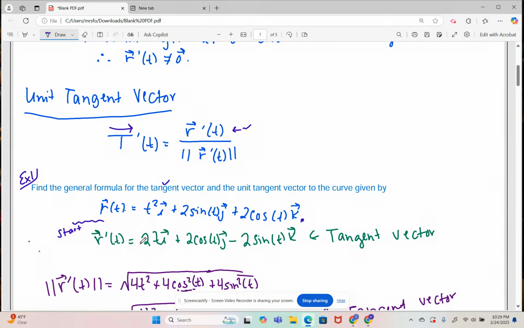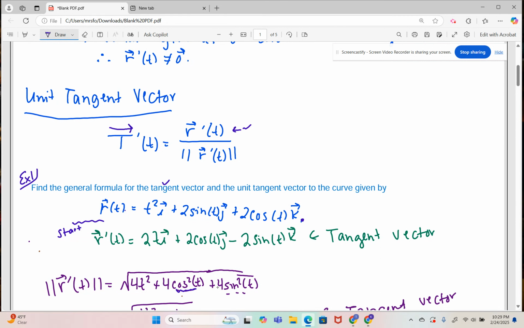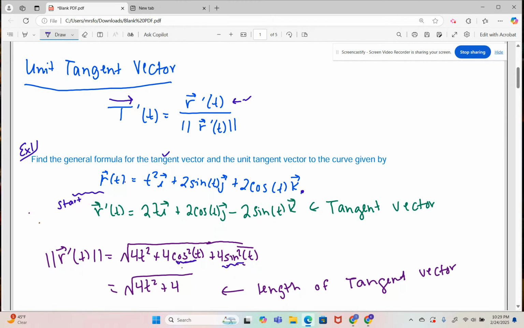Squaring the first component becomes 4t squared, then 4 cosine squared t, and then 4 sine squared t. Hopefully remembering that cosine squared plus sine squared is just 1, if you factor out that 4, you would have 4 times 1, which is 4.